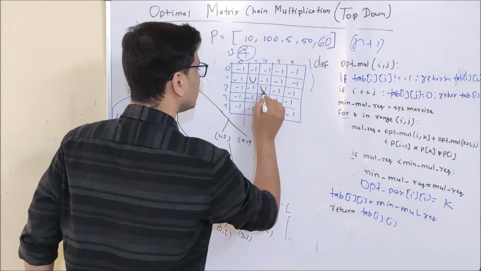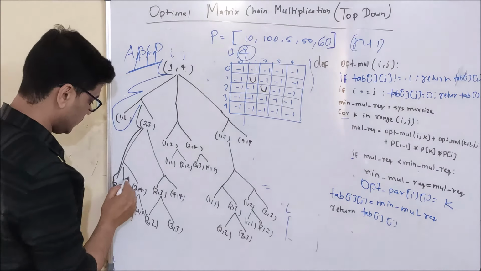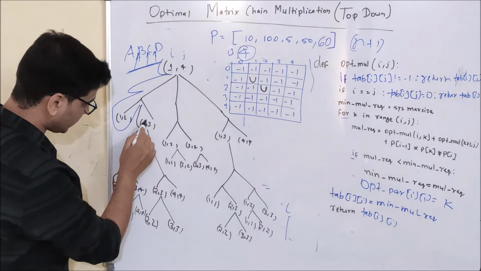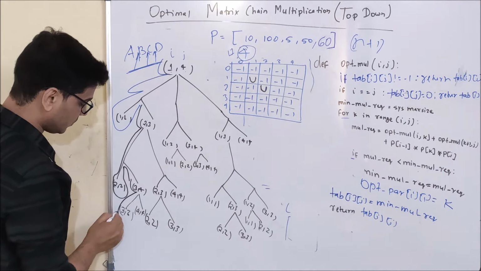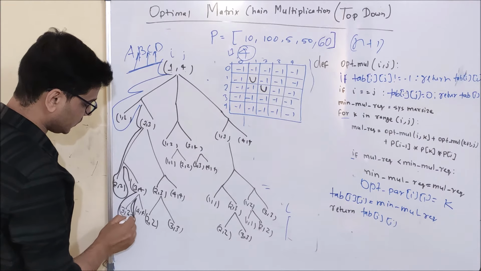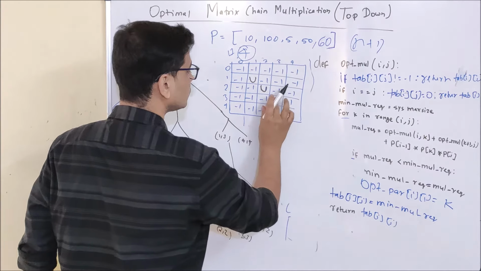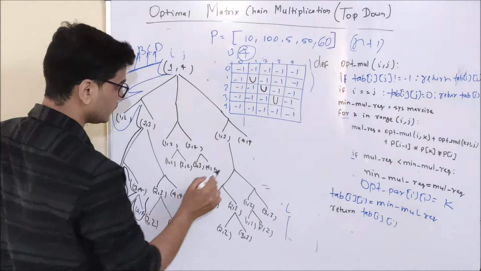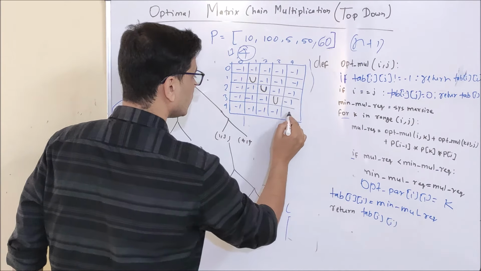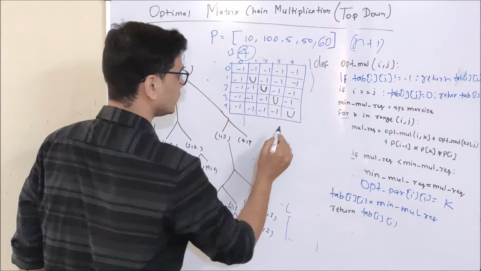So this value will also be updated. Okay, and then again 2, 3 will give a call to 3, 4, and 3, 4 will give a call to 3, 3, and 3, 3 will return, and after that 4, 4 will return, and after that 3, 4 is returning.